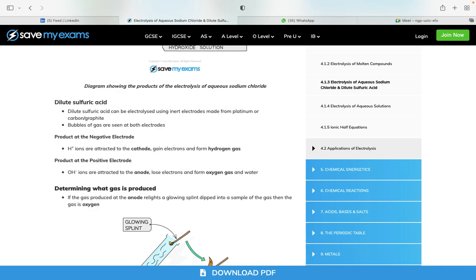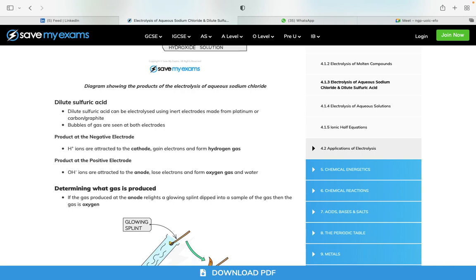Now when that happens, the hydrogen ions, H+, will migrate to the cathode, the negative electrode. They will be attracted to the cathode. When I say migrate, it means it's attracted there. You can use any of the terminology.